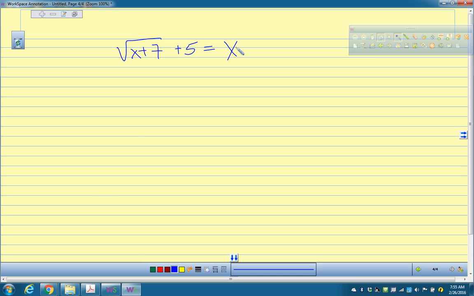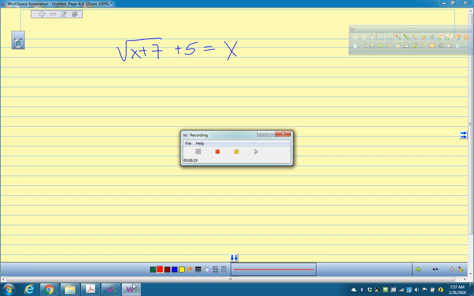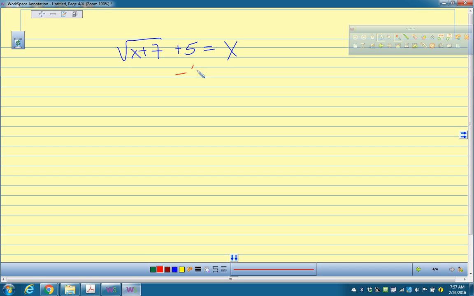Who can tell me what I should do? Yeah, you first want to minus 5, okay? So, am I recording? I'm recording, okay? So you first minus 5, and then you get the square root of x plus 7 equals x minus 5. Then I square both sides.